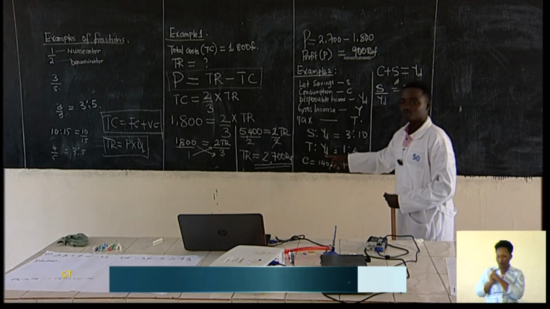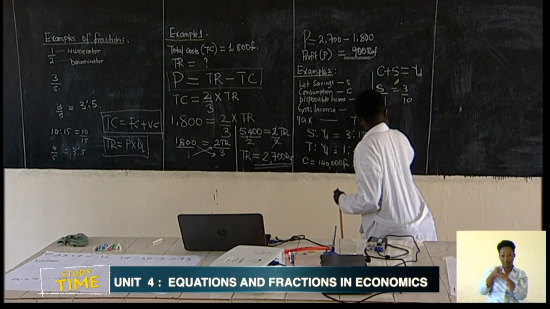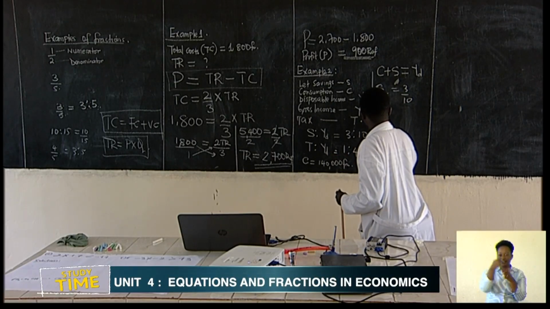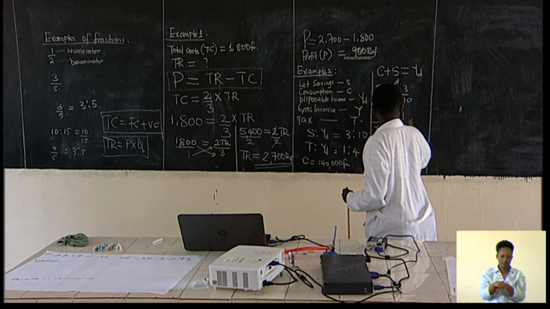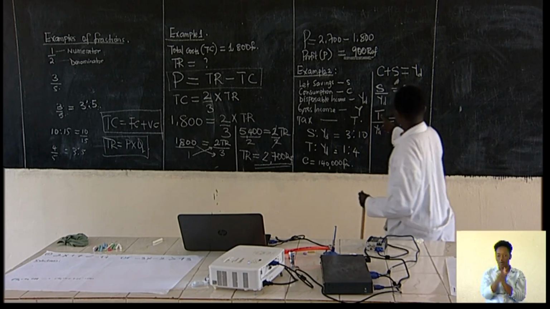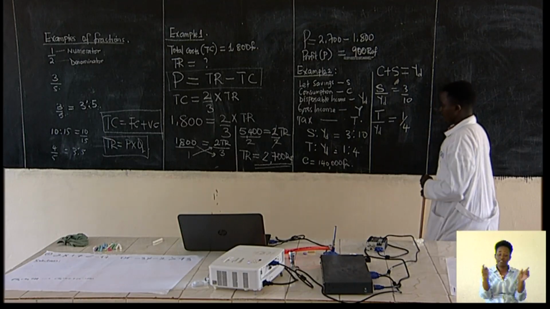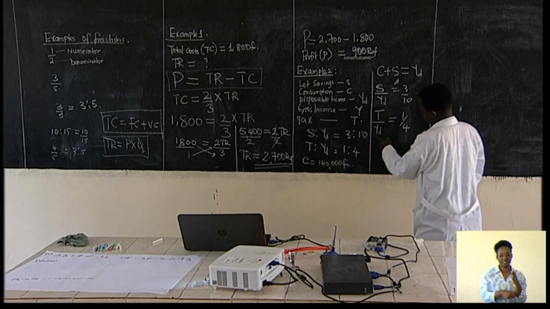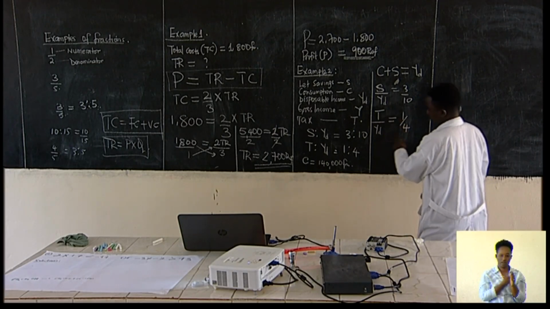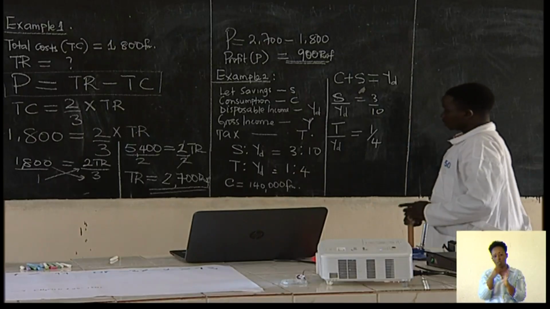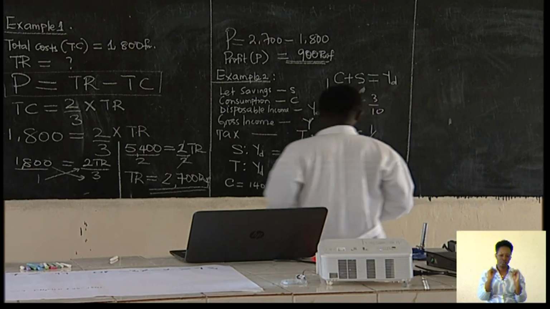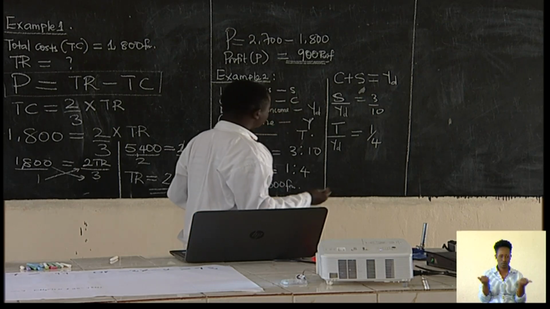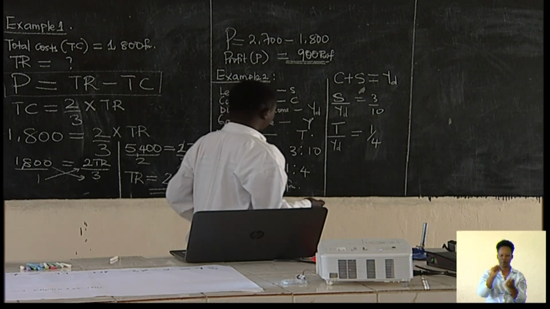Again, we do the same. Taxes out of the disposable income is equal to 1 out of 4, meaning that this 1 represents the taxes. Then from here, we can try to solve our equations and get what we have been asked.